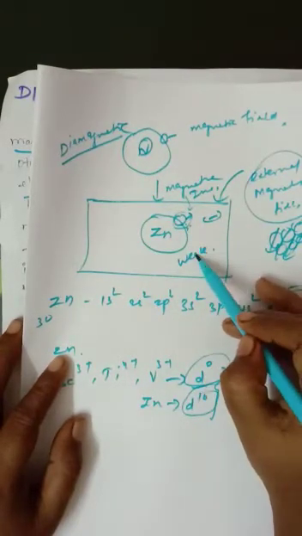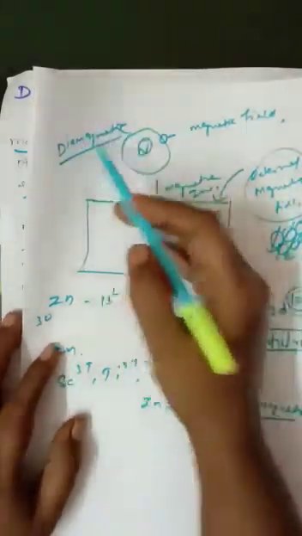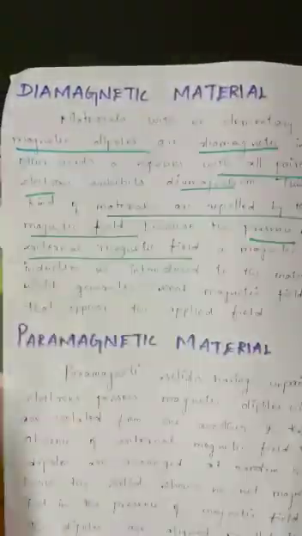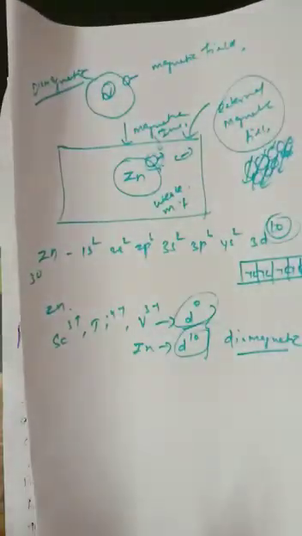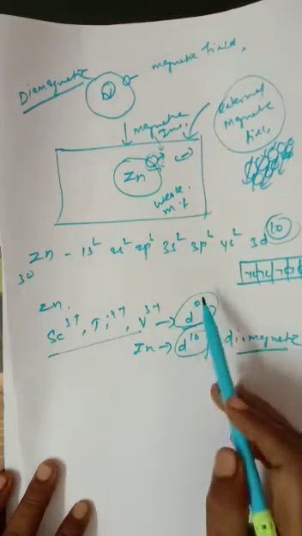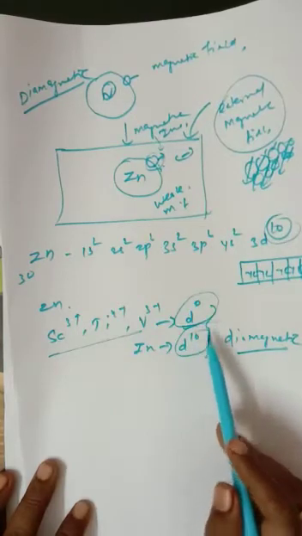This weak magnetic field repels the external magnetic field because of diamagnetism, because of paired electrons. This is known as a diamagnetic material. Among transition elements, Sc3+, Ti4+, V3+ with d0 configuration and zinc with d10 configuration are both diamagnetic in nature.